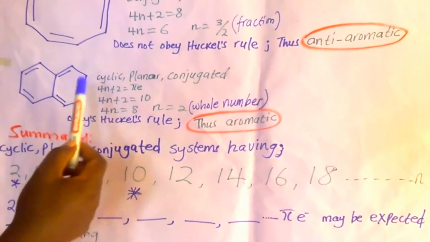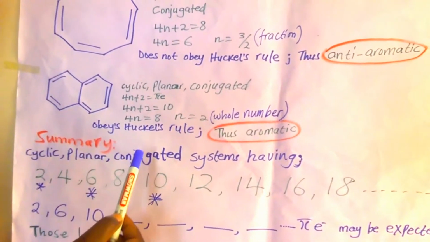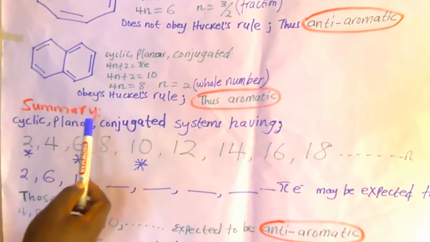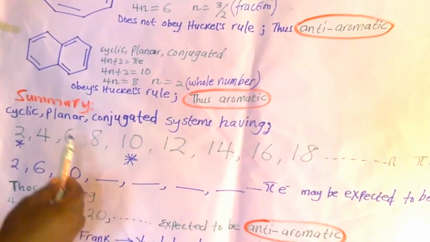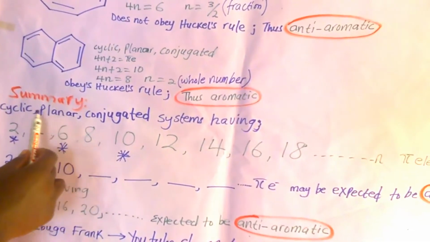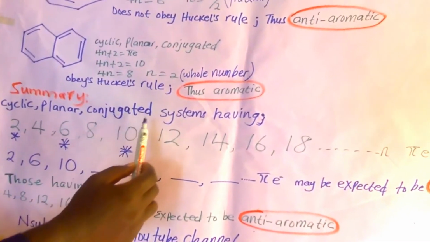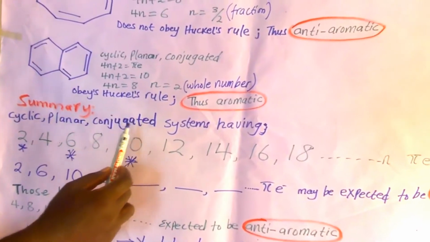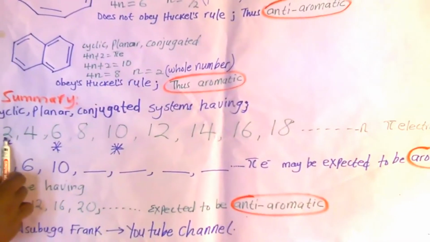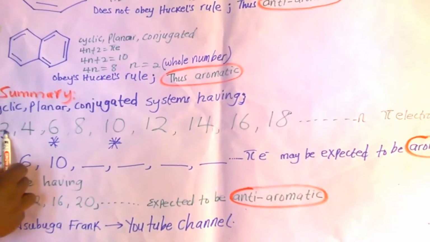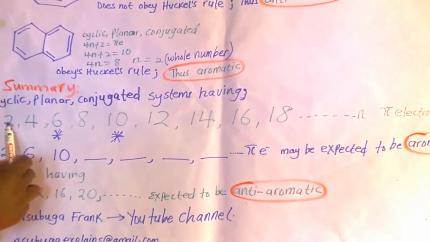So looking at all these examples, some of them are anti-aromatic, others are aromatic. We can develop a sequence, as we can see from here. We can have our summary. If a system is cyclic, planar, and conjugated, remember our first example that we looked at, the one which had 2 delocalized electrons, 2 pi electrons.